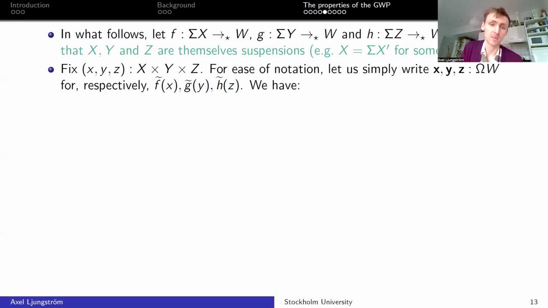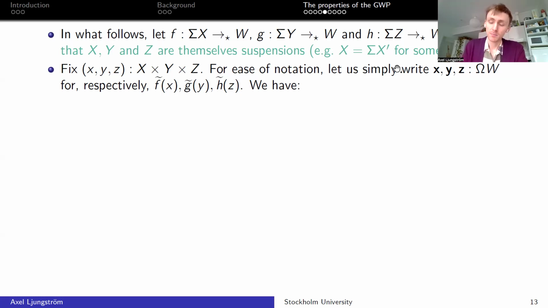I'll justify this in a second. And then we fix 3 points, x, y, and z in x, y, z. And for ease of notation, I'm just going to write bold x for the loop we obtain by applying f tilde to x. And I'm just going to write bold y for the loop obtained by applying g tilde to y, and same thing for z. So this is just nice shorthand notation.